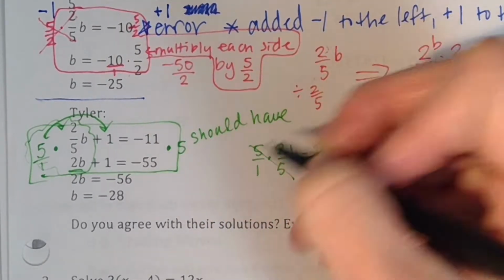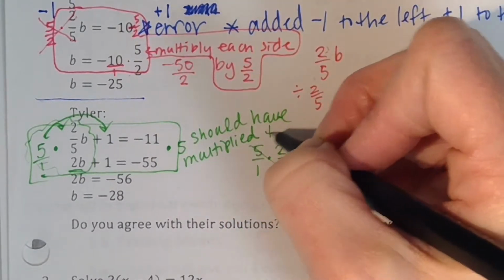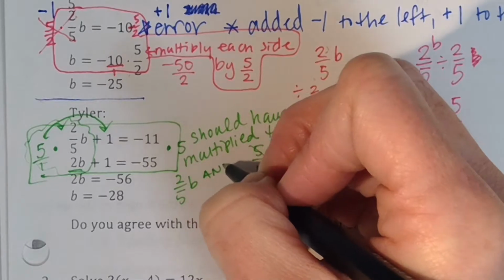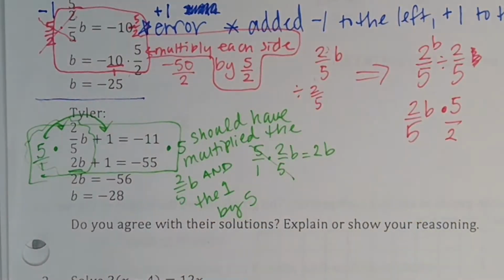You should have multiplied the 2/5 b and the 1 by 5. Everything needed to get multiplied by 5.